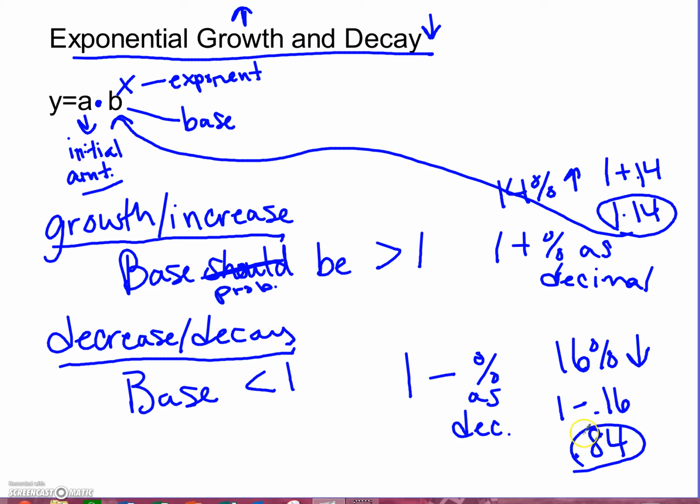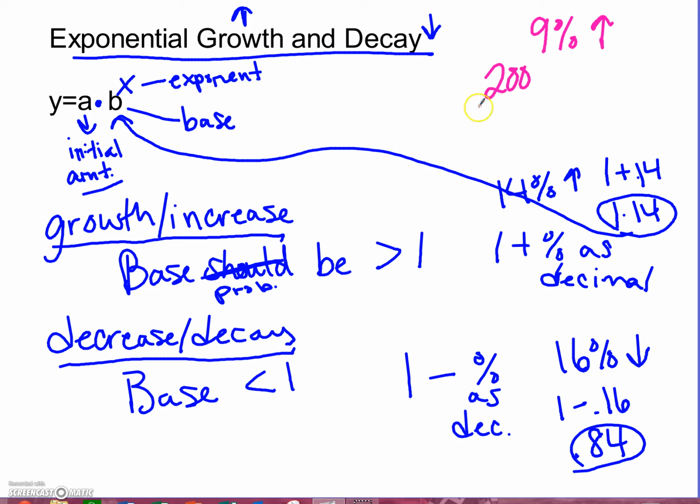Okay, all I have to do then, let's say the problem tells me that we have a 9% increase after I paid $200 down.